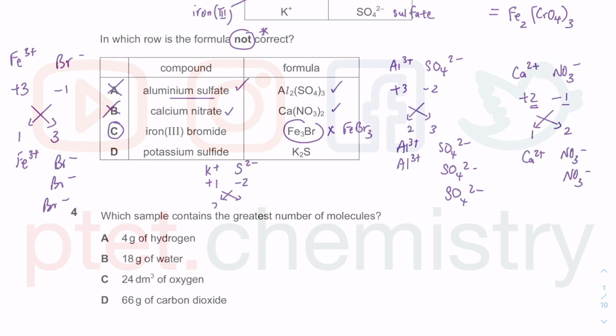So there's 2 going to the K plus and 1 going to the S2 minus. So this means there's K plus, and there's only one S2 minus, so it's K2S, and that's correct, obviously. And we already worked out the answer C. We don't really need to check for D. I was just showing it for completion, just so you know why D is wrong.